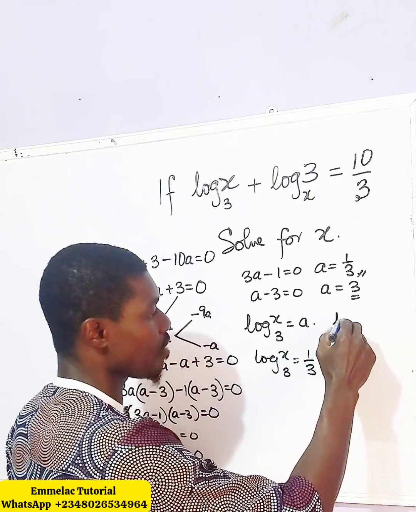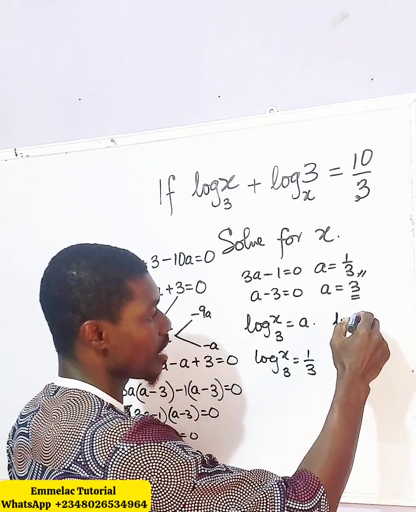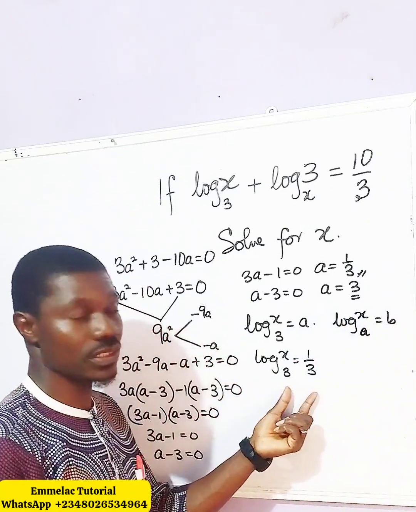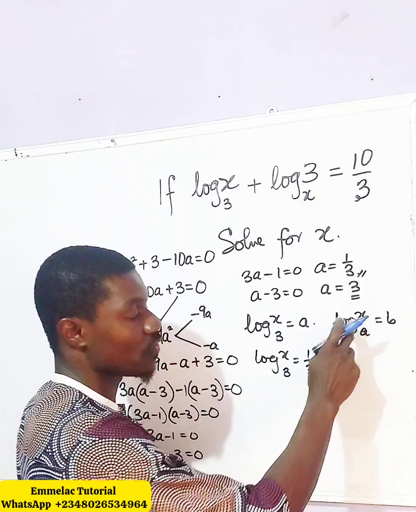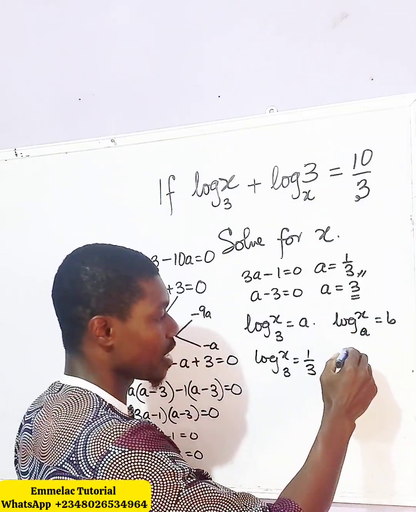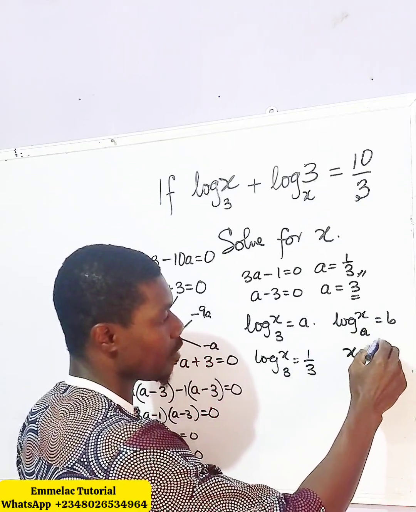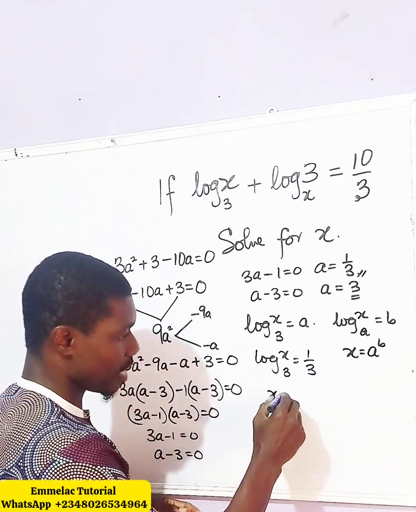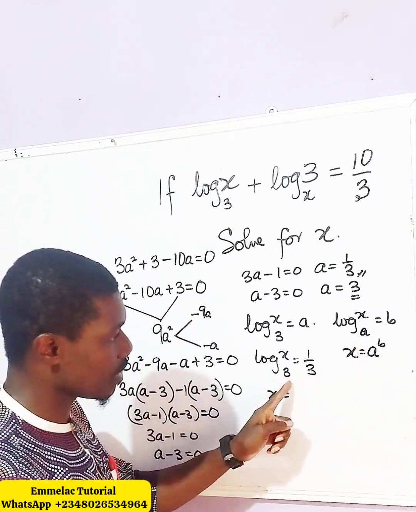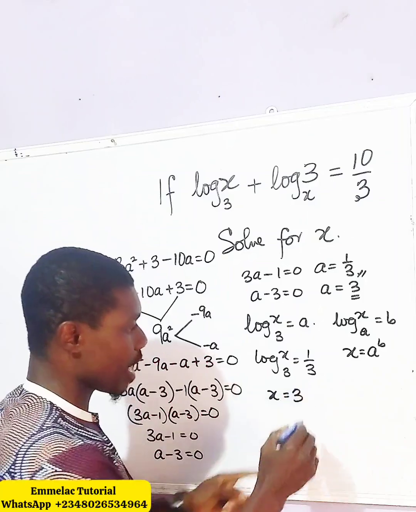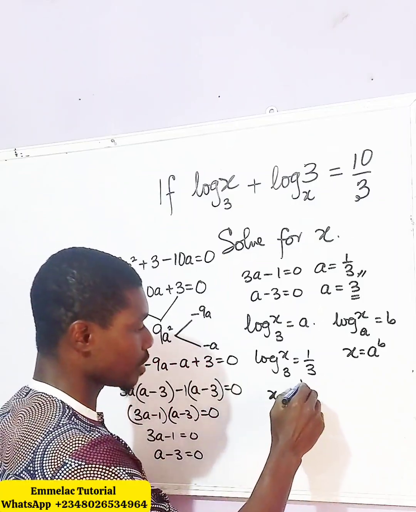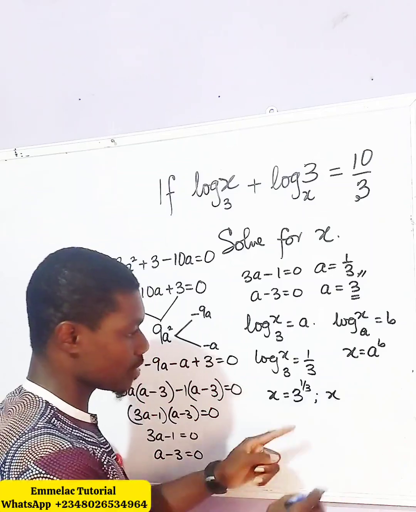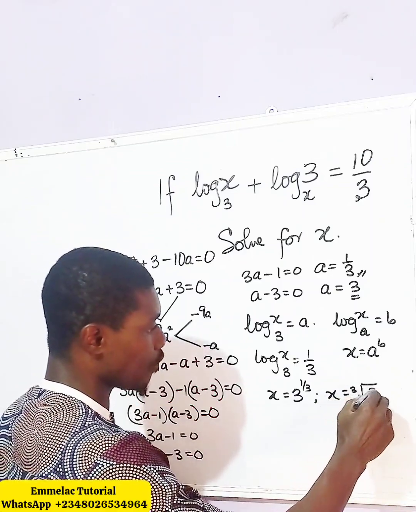There's a rule that says if log x base a equals b, then x equals a raised to the power of b. Applying that rule here, our base stays the base, and 1 over 3 becomes the exponent. So the first value of x is the cube root of 3.